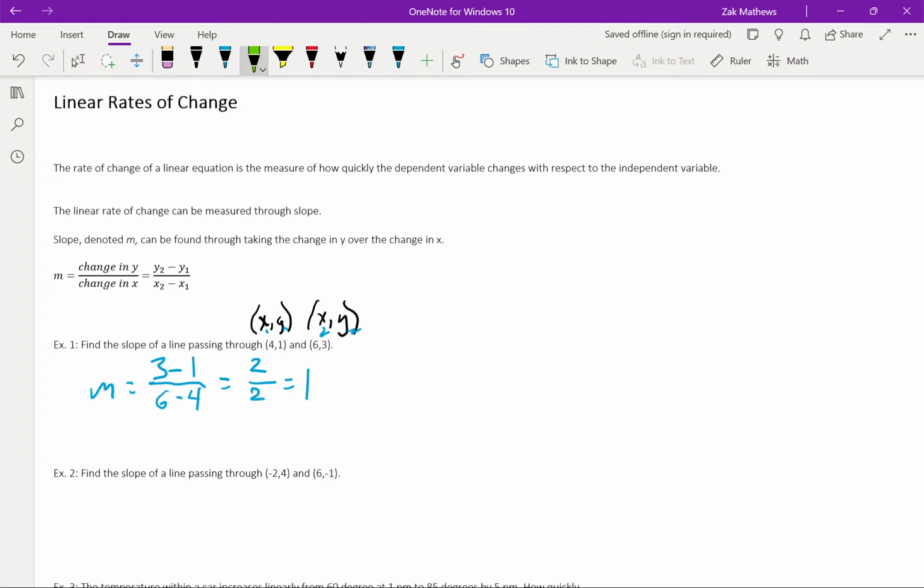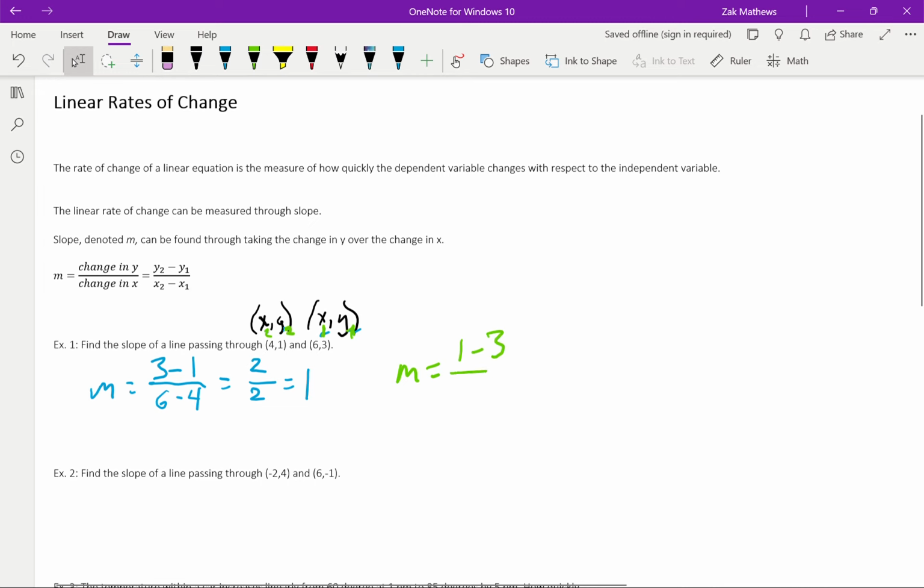Now I might be saying, what if we switched it? You told me it didn't matter. What if we switched this to x2, y2, x1, y1? So let me do this calculation again, but using the numbers in the opposite order. This time I'm going to start with my y2 of 1, and subtract my y1 of 3.